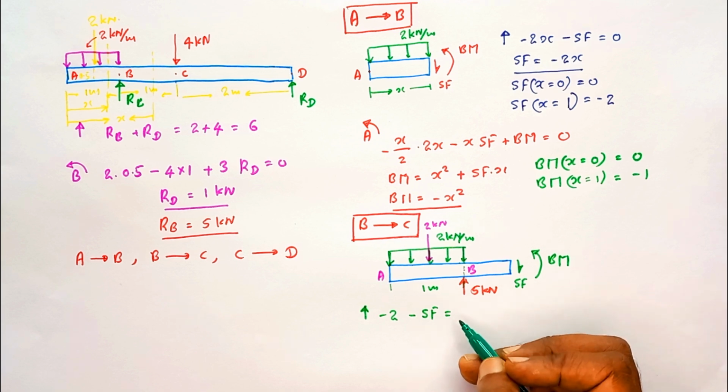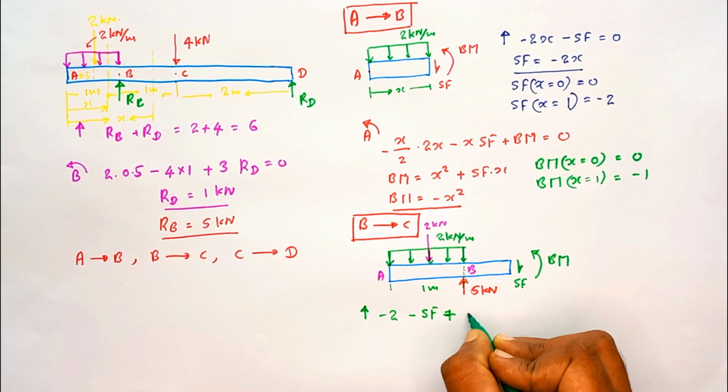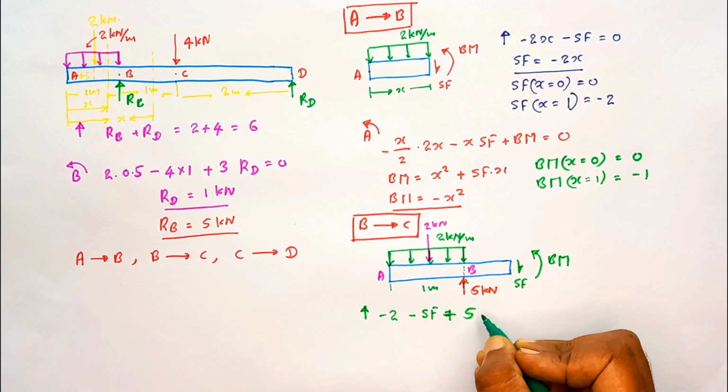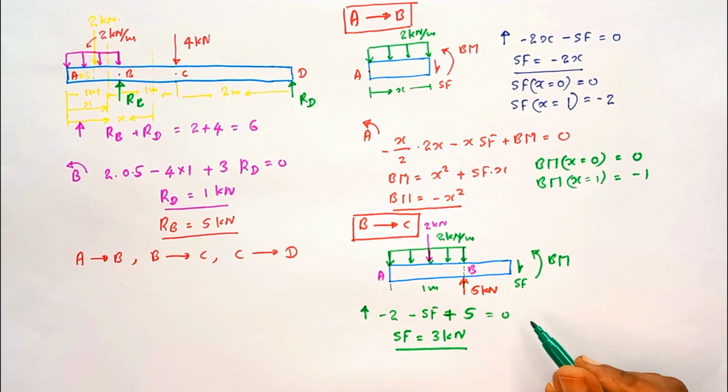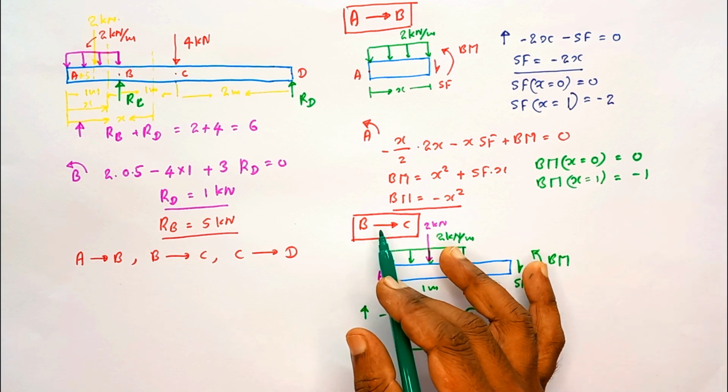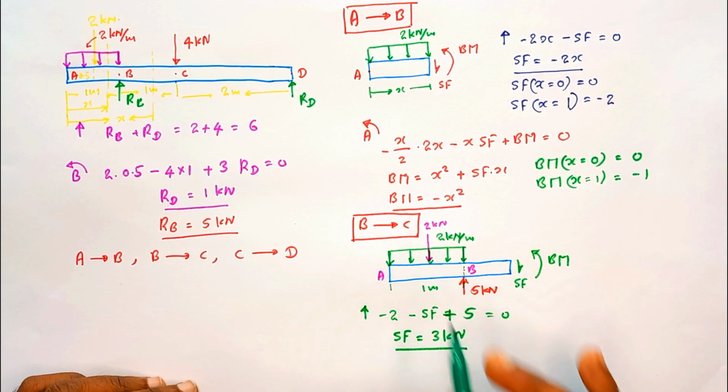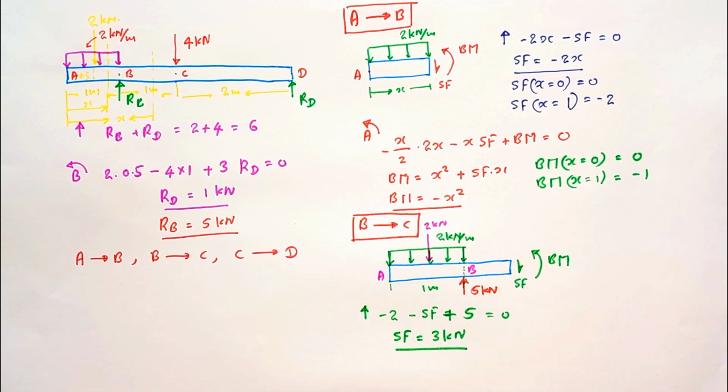Within the shear force, plus 5 is equal to 0. Then the shear force is equal to 3 kilonewton. The shear force is constant throughout the length of the B to C region.